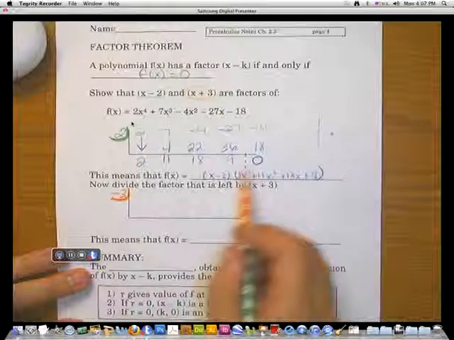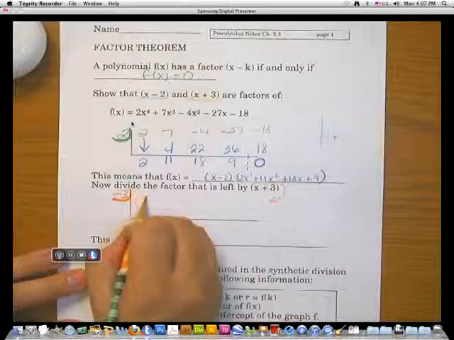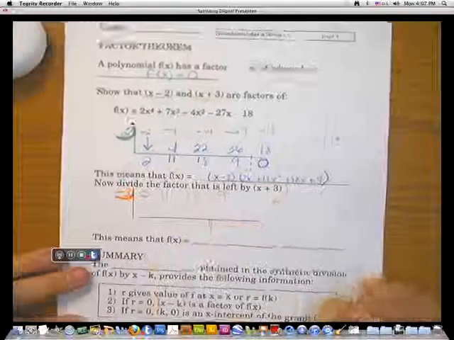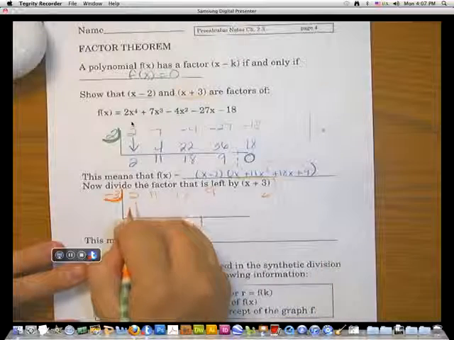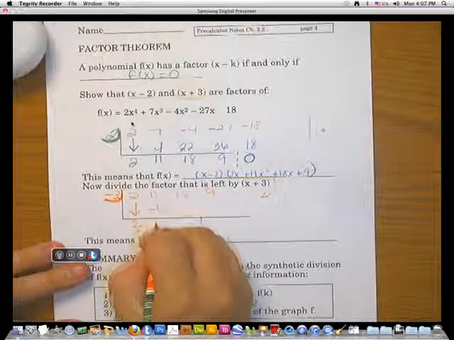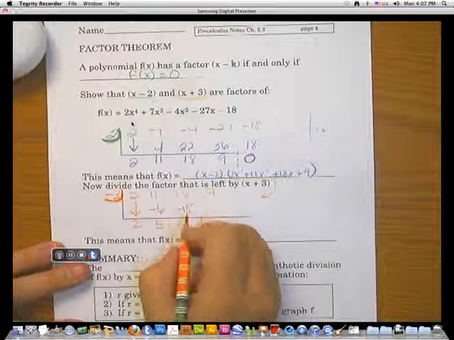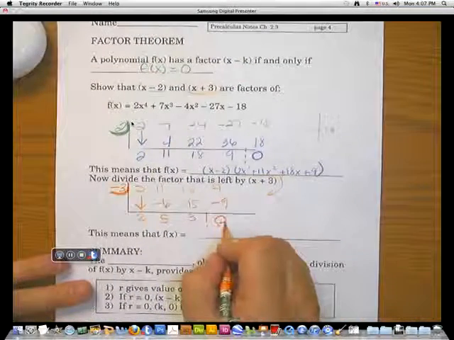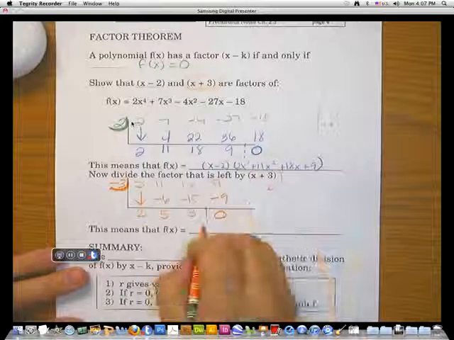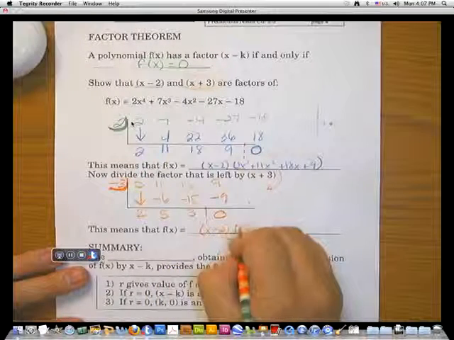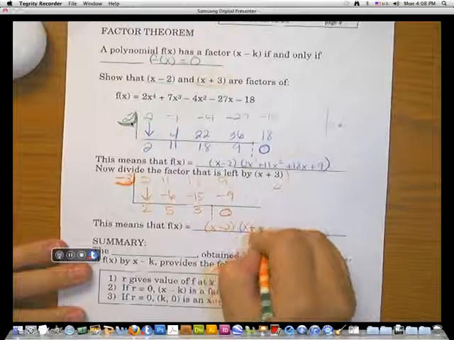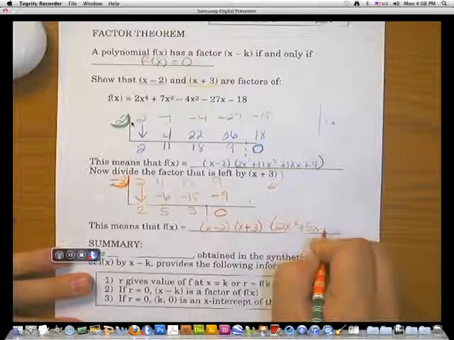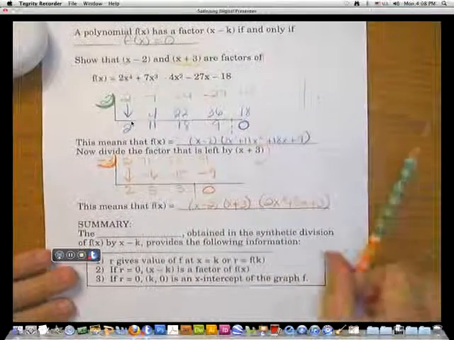So I'm going to just do the leftovers, every position, every coefficient. The last one's going to give me the remainder. Bring down, multiply around, bring down, multiply around, bring down, multiply around, bring down, 0, it's a factor. So I know x minus 2 is a factor. I know x plus 3 is a factor. And leftover, 2x squared plus 5x plus 3.